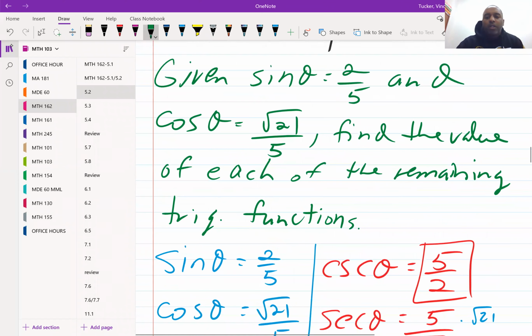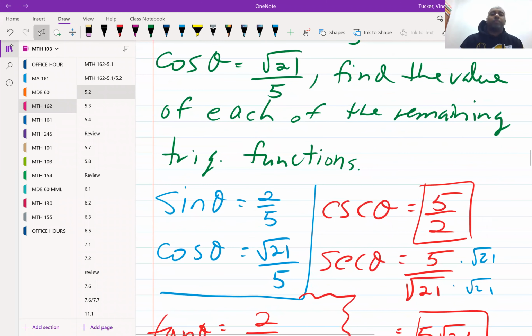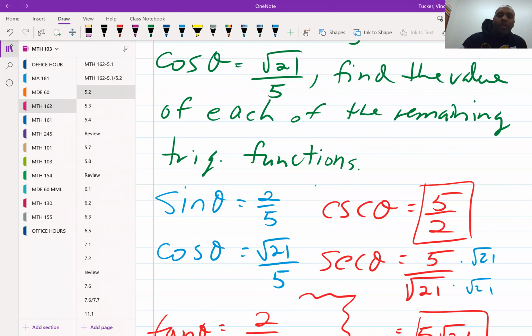So in the blue is what we know to be true. We have sine is 2/5, cosine is square root of 21/5. If that's the case, we can go ahead and find cosecant and secant, because that's just flipping those fractions. So that's what we did right here.